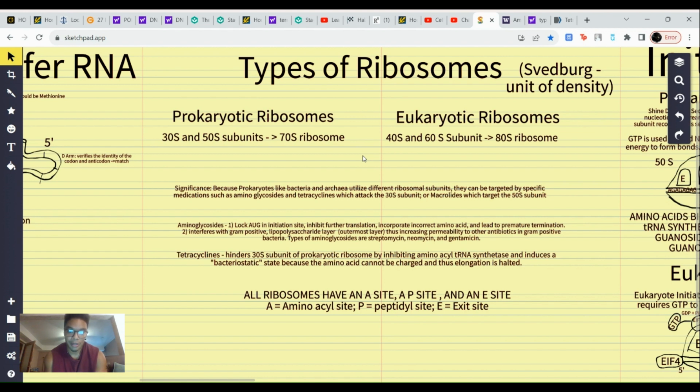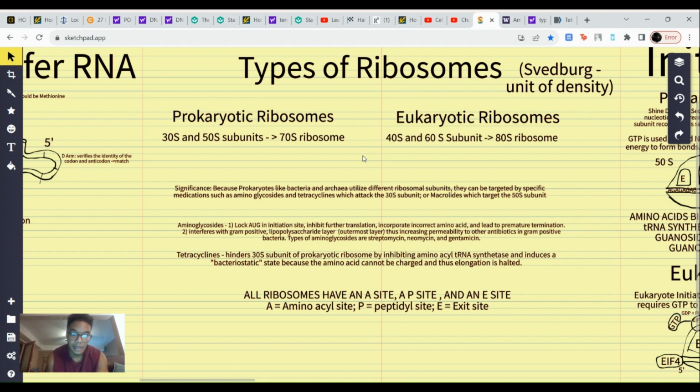This is important because prokaryotes like bacteria and archaea utilize different ribosomal subunits, and this can be used as a clinical target for medications such as aminoglycosides and tetracyclines, which attack the 30S subunit, or another class of antibiotic called the macrolides, which target the 50S subunit, the large subunit.